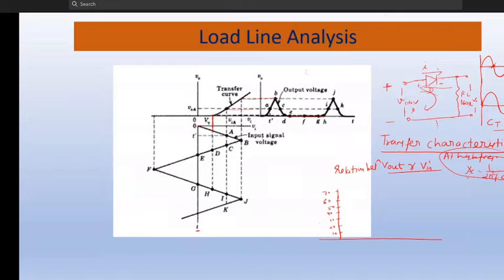So somewhere here will be 62.5, and there will be the static characteristics of the diode, and on this side it will be 10 volt. I mean, you can assume 2, 4, 6, 8, and this will be 10. So this way it is very simple. This will give you the value of I, and this will give you the value of VD.